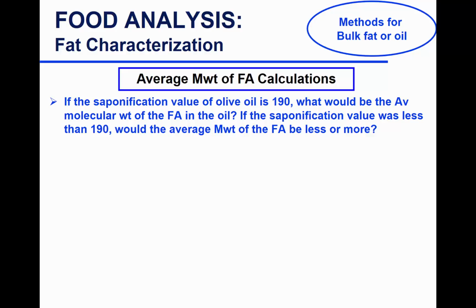Then 3 fatty acids equal 885 plus 3 by 18, which is 54, and minus 92. What would that value be?